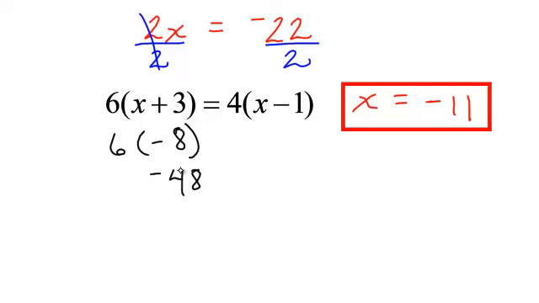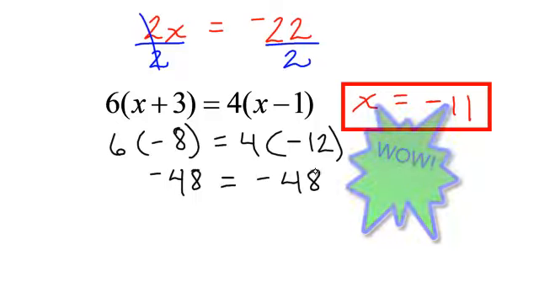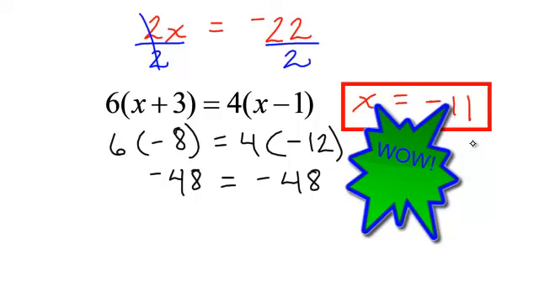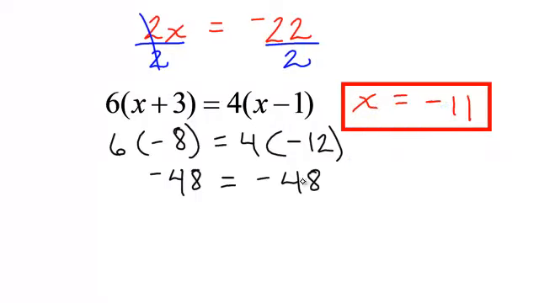On the right side, I would have 4 times negative 11 minus 1 would give me negative 12. And 4 times negative 12 is negative 48. Yes, that does equal. Aren't you glad you knew a little algebra? Otherwise, you may be sitting here all day long trying to figure out what x could be. And that's not magic, that is mathematics.